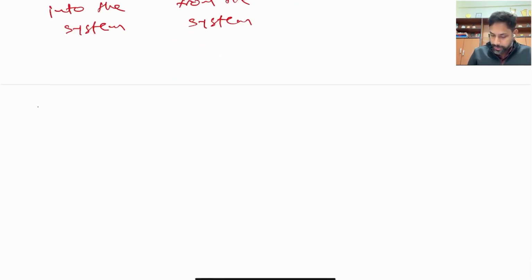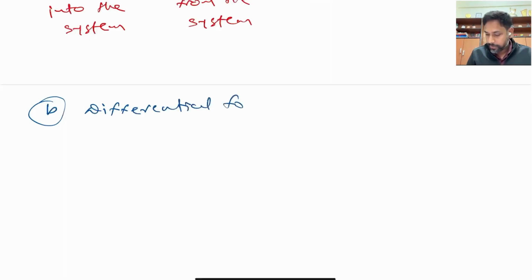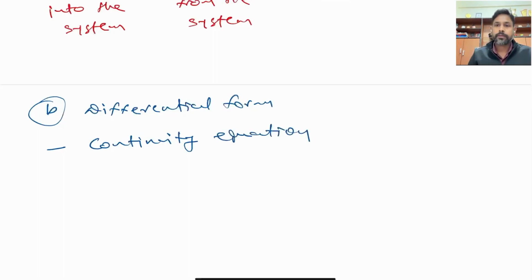But then we also have the second one that is called the differential form, which is popularly known as the continuity equation.